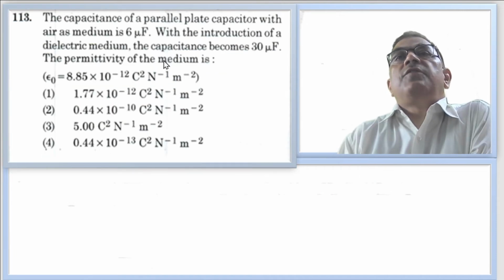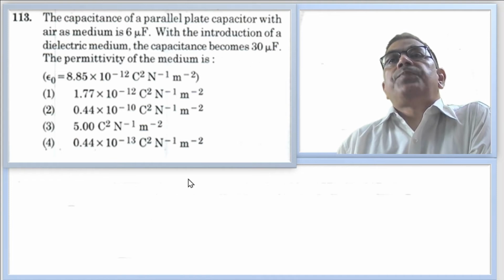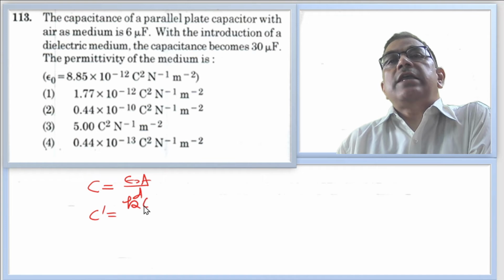The capacitance of a parallel plate capacitor with air as medium is this. With the introduction of the dielectric, the capacitance becomes 30 microfarad. So C is equal to epsilon naught A by D, and in the presence of a medium, as you already know, this is K epsilon naught A by D. So this is equal to K times C, and this is 30 microfarad.